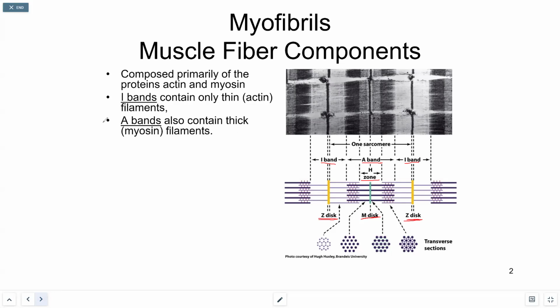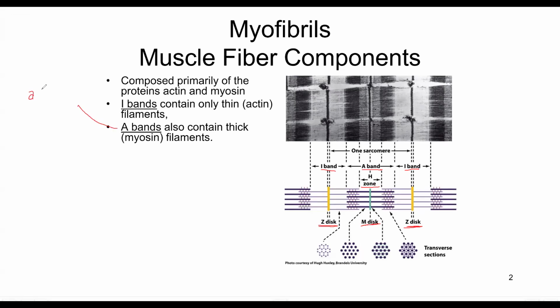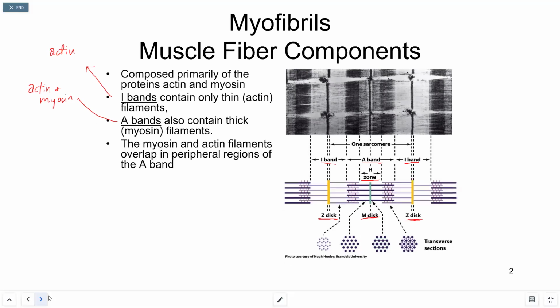So an A band is actin and myosin. The I band is actin only. The myosin and actin filaments overlap in peripheral regions of the A band.